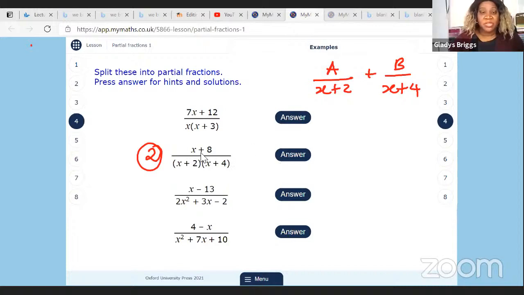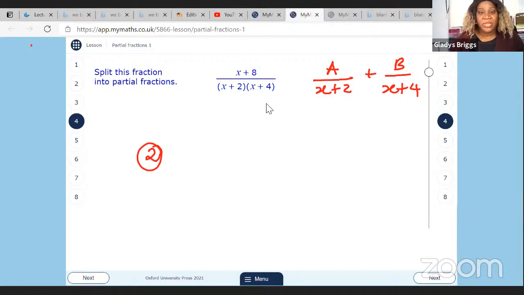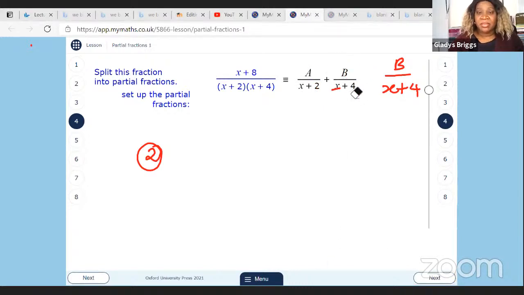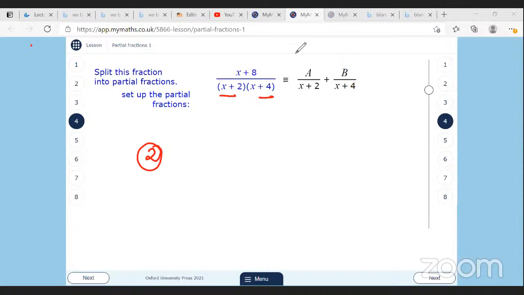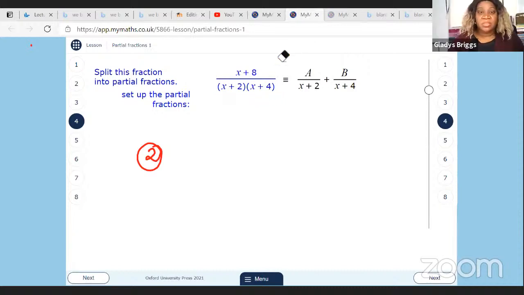Okay, so let's see how they've done this one together. So you set up the partial fractions, as I said. Is that the one we were working on? x plus 2, x plus 4? Yes.